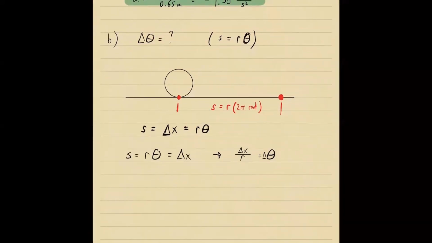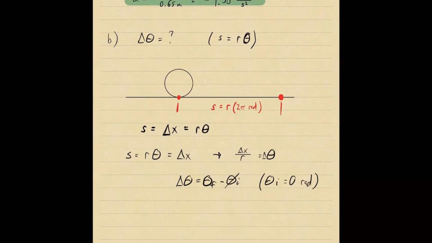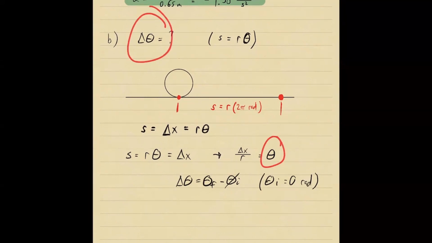But delta theta is just theta final minus theta initial, and we're saying that theta initial is 0 radians. Right, 0 radians. Then I just kind of leave this off. And so as a shorthand, I just typically leave off this delta sign here, at least in these calculations. So the thing that we're looking for is given by how far this motorcycle actually travels, delta x, its displacement, divided by the radius of each tire.